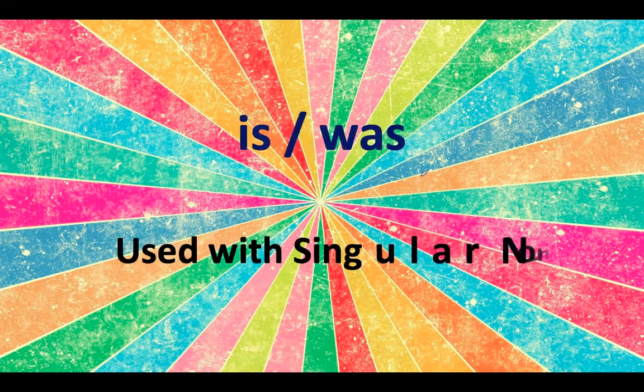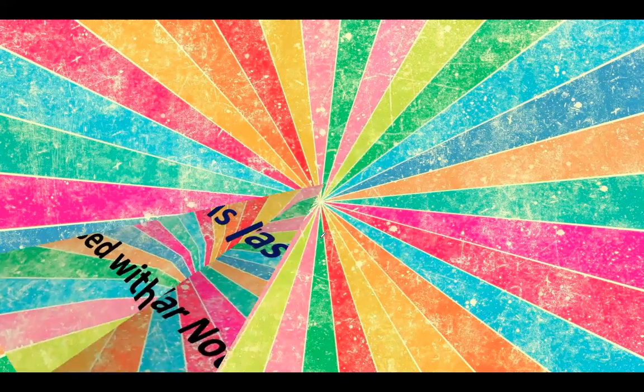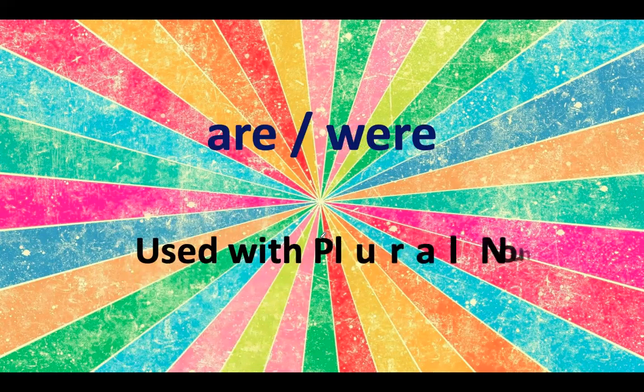Now, you need to keep 2 things in your mind, that is and was are used with singular noun. She is dancing. He is sleeping. She was fighting. I was drinking. So these is and was are used with singular noun. Whereas are and were are used with plural noun.